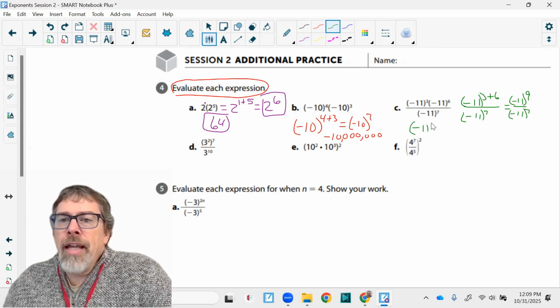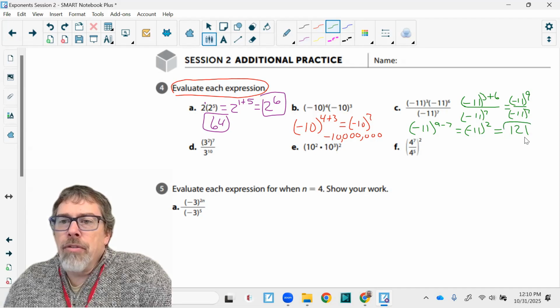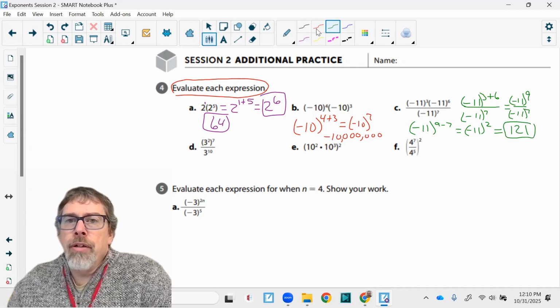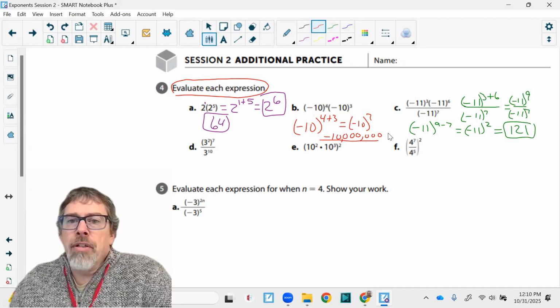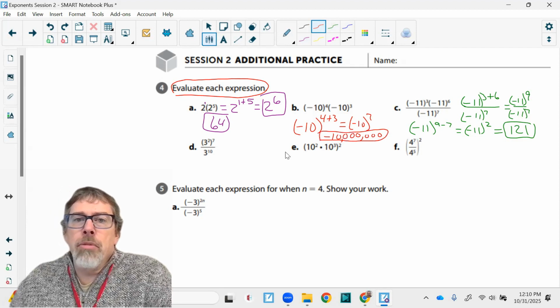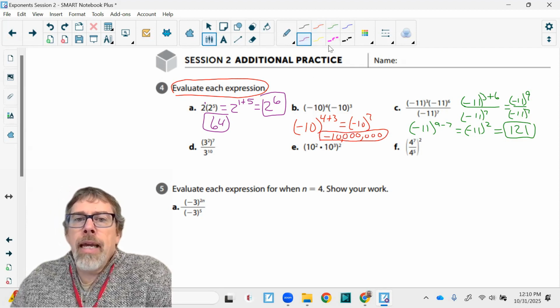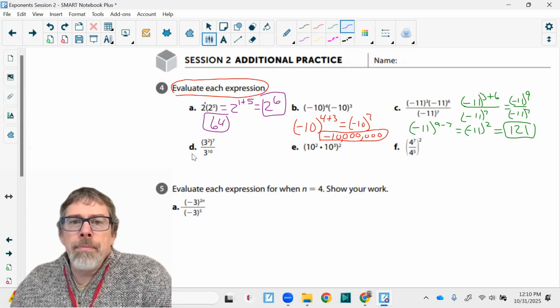So negative 11 to the 9 minus 7, which is negative 11 squared, which is 11 times 11 is 121, and a negative times a negative is positive, so it's 121. Okay, I didn't put a box around this, so I will. This is the answer to B. All right, let's take a look at C or D.